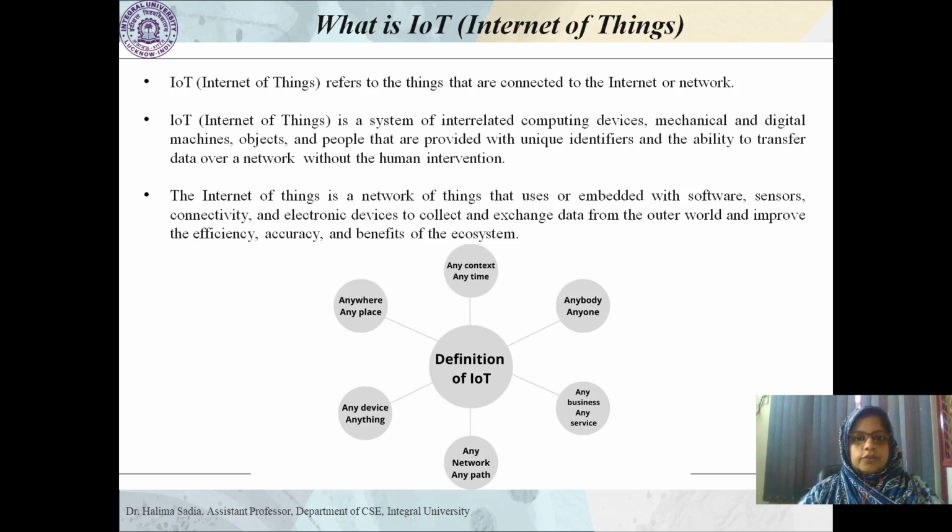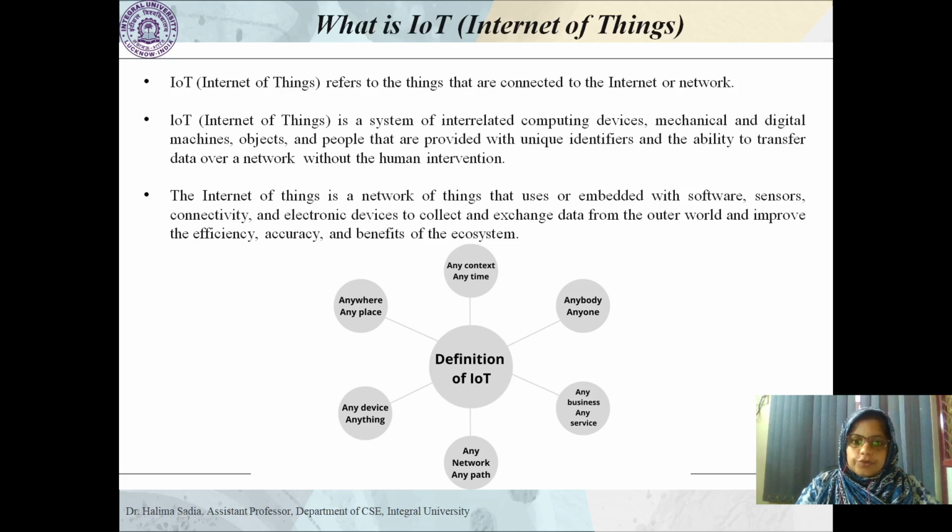So, the Internet of Things is nothing but a network of things that uses or is embedded with software, sensors, connectivity and electronic devices to collect and exchange the data from the outer world. This is used to improve the efficiency, accuracy and benefits of the ecosystem.